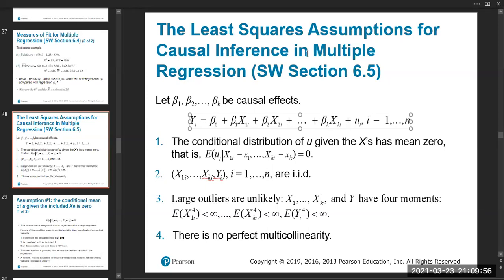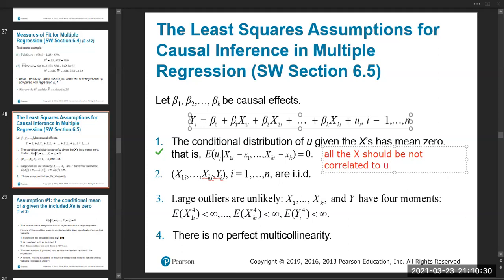And what is not new? The conditional mean equals 0 is not new, okay? Which says the conditional distribution of u given x has mean 0. This also means that all the x should not be related or correlated to u, to the error.